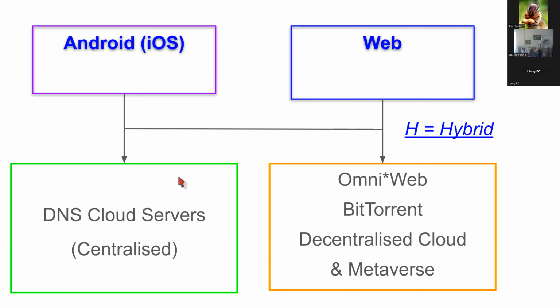Obviously the green DNS cloud server is the web server that we have. So basically the architecture of the internet today is something without the bottom right. This is the future that we propose.